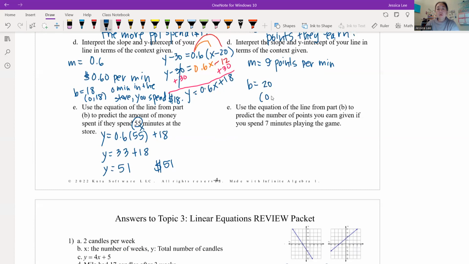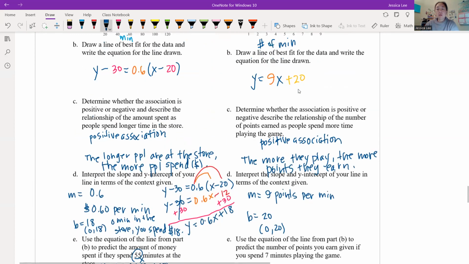So that's going to be (0, 20), right? This 20 right here. They start with 20. So before you even play, you start with a certain number of points, because they start with 20 points. So the 0 is right here, they start, and then 20 is the 20 points.